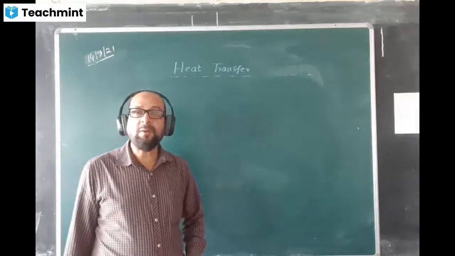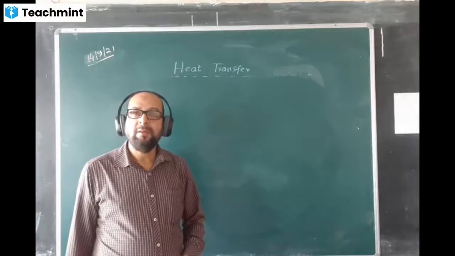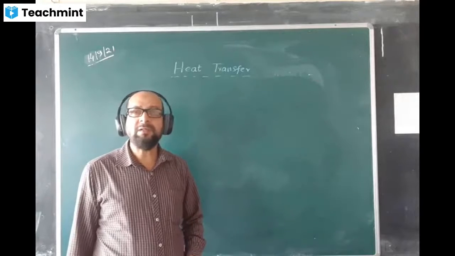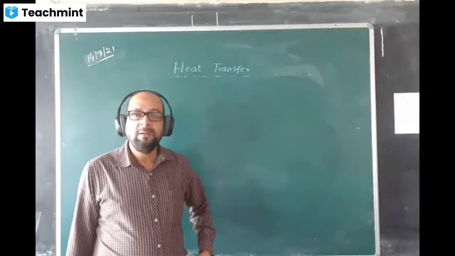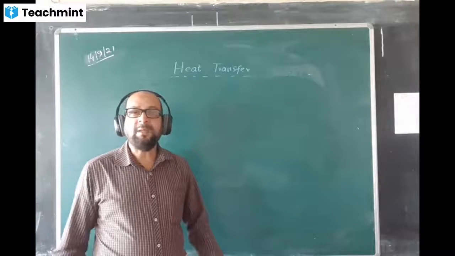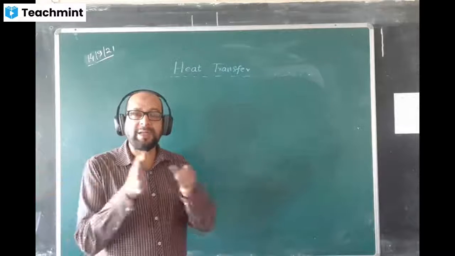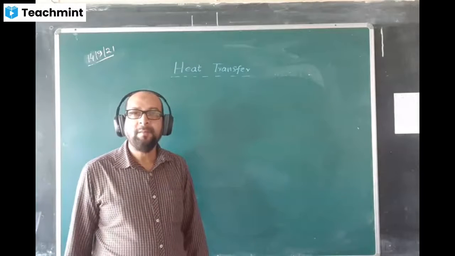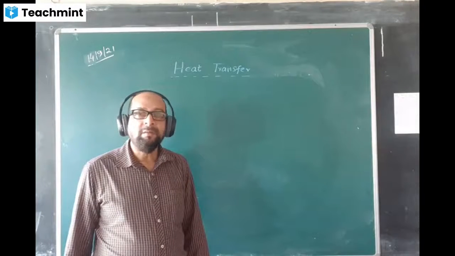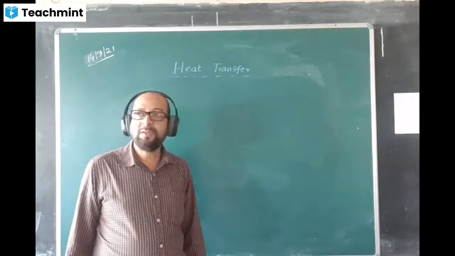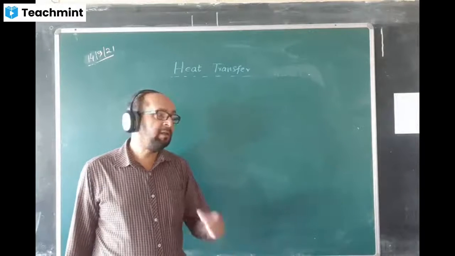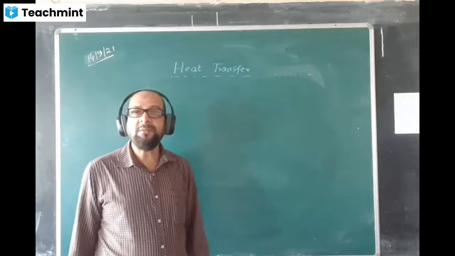This chapter is talking about thermal expansion. What is the meaning of thermal expansion? On heating, a substance expands, and on cooling, the substance contracts. The expansion can take place significantly in the length.